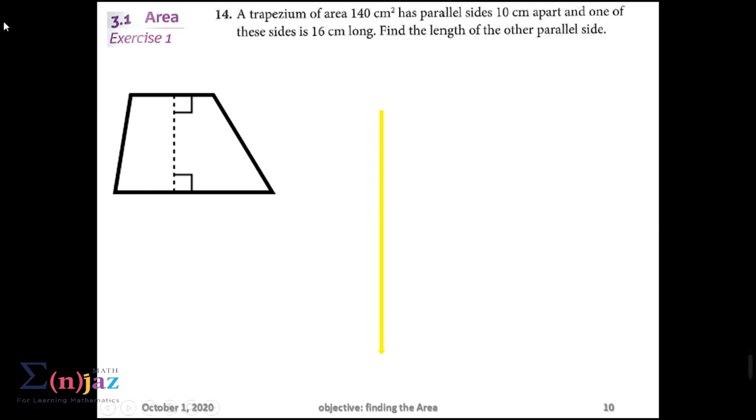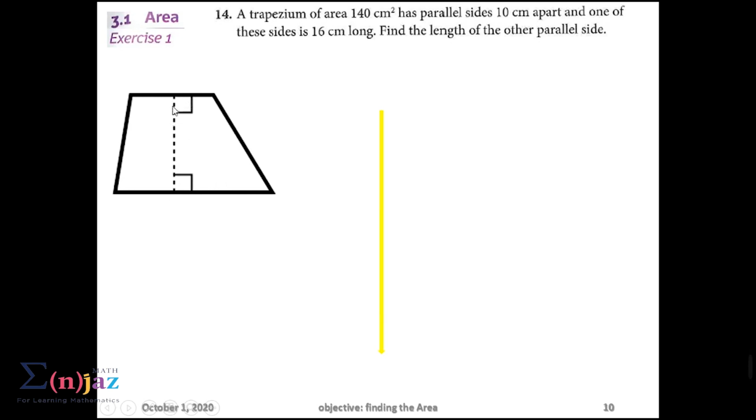Like I explained before, this is a trapezium, and how do we know that? We have two sides, and the dotted line that identifies the distance between the two parallel sides is actually vertical on both sides. How do I know that?